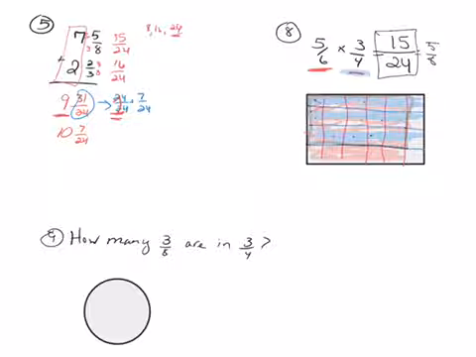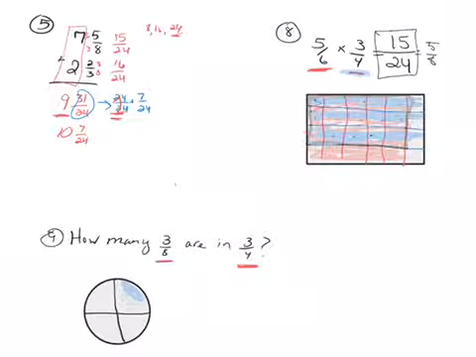Okay, for number 9, basically the problem situation is telling you that you have 3/4 of a bag of dog food left, and Henry eats 3/8 of a bag a week. So what we're going to do is divide our circle into fourths, and then shade in how much dog food we have.